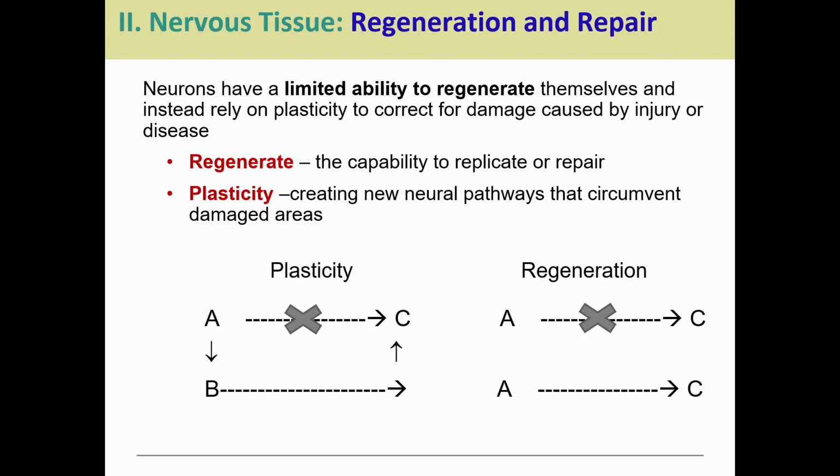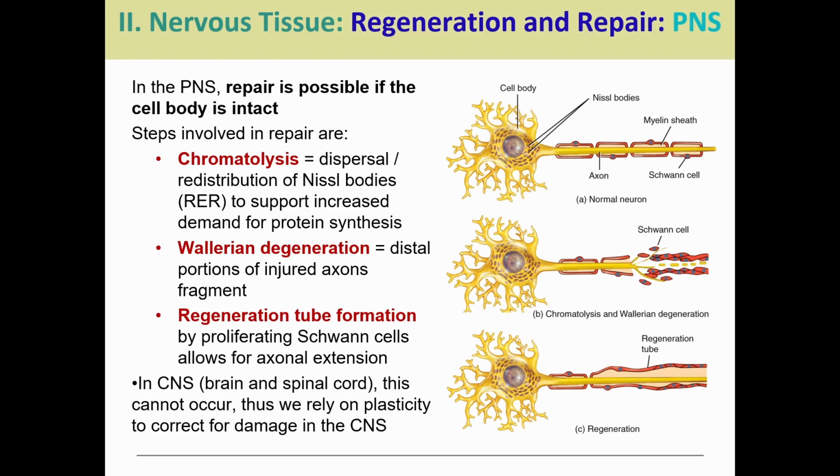So if there's an injury or disease that damages neurons, if we can, we'll try to regenerate, but in a lot of cases, regeneration is not possible. And so plasticity is what we rely on instead. Now, if we're looking at the peripheral nervous system, we can repair some neurons. It just depends on what part's damaged and how. If the cell body's intact, we may be able to actually fix it.